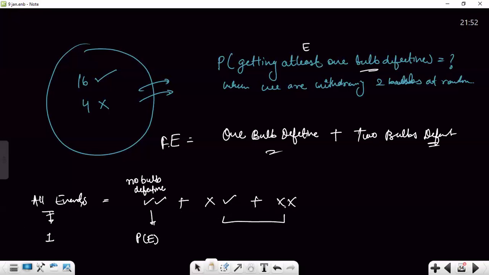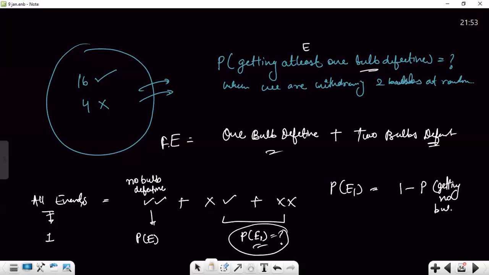Let's call it event 1. We need to find the probability of event 1, the need of the hour. So we can write the probability of event 1, getting at least one bulb defective, as 1 minus the probability of getting no bulbs defective. Is that clear now? How we have written it like this, 1 minus getting no bulbs defective.